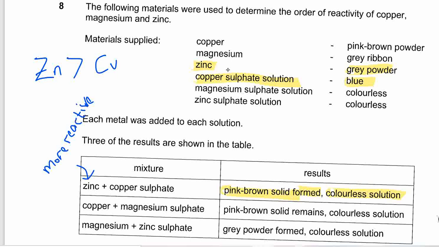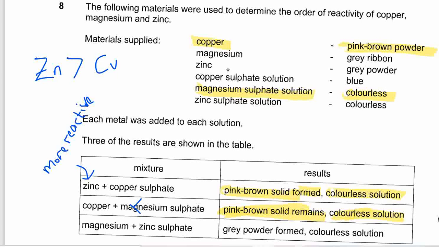Second one, copper and magnesium sulfate. Copper is here, and magnesium sulfate solution is here. The result of the mixture is pink brown solid remains and colorless solution. So copper is pink brown powder. This remains, which means there is no reaction. Magnesium sulfate is also colorless, so there is no reaction in this mixture.